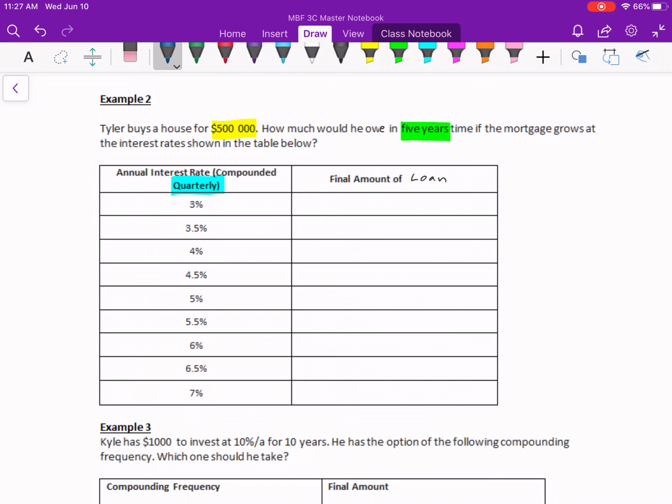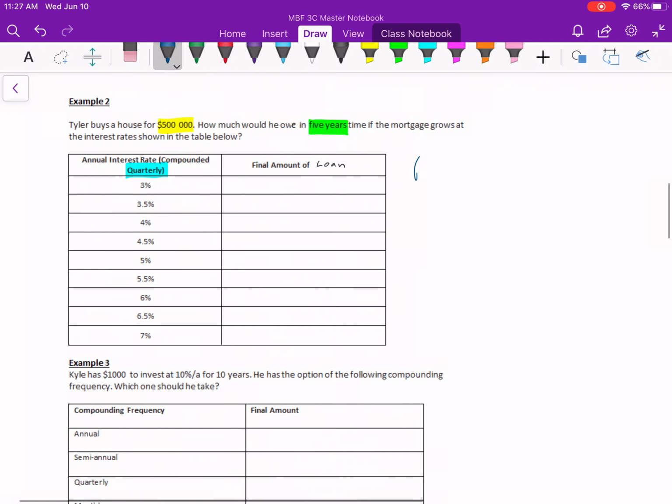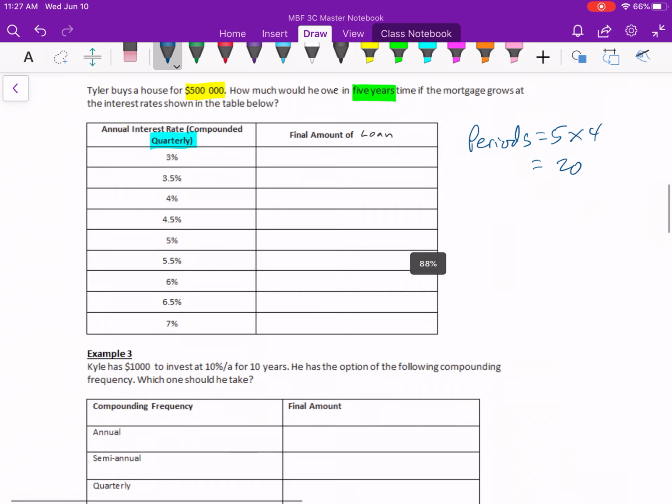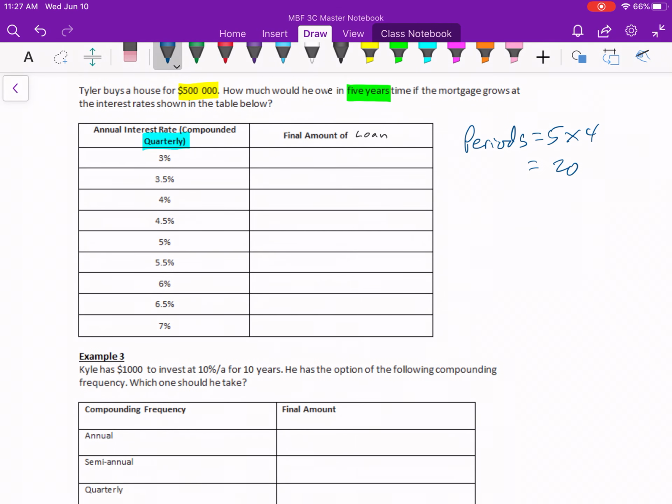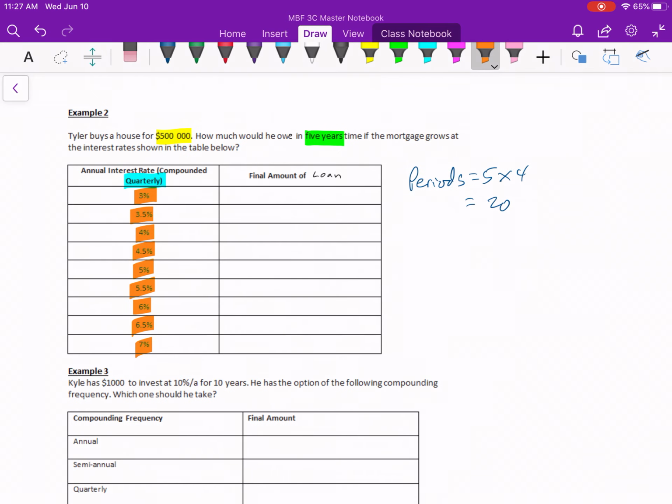That means that periods is going to be, as we've seen before, we have to multiply. That's our end value, so 5 times 4. So periods is going to be 20. And then we have the various interest rates. So what we're going to be playing with in this question is the interest rates. In the last one, we changed the amount of periods. In this one, we're going to be changing the interest rate and keeping the periods the same.